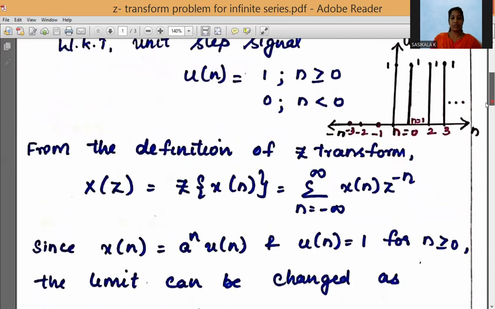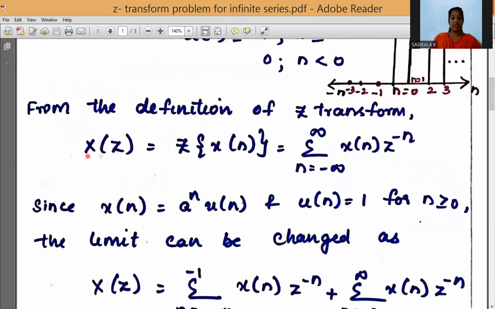And from the definition of Z transform, X of Z can be represented as the Z transform of x of n, which is equal to summation n varies from minus infinity to infinity, x of n into Z power minus n. Since the given problem is x of n equal to a power n into u of n, and this u of n is equal to 1 for n greater than or equal to 0, the limit can be changed.